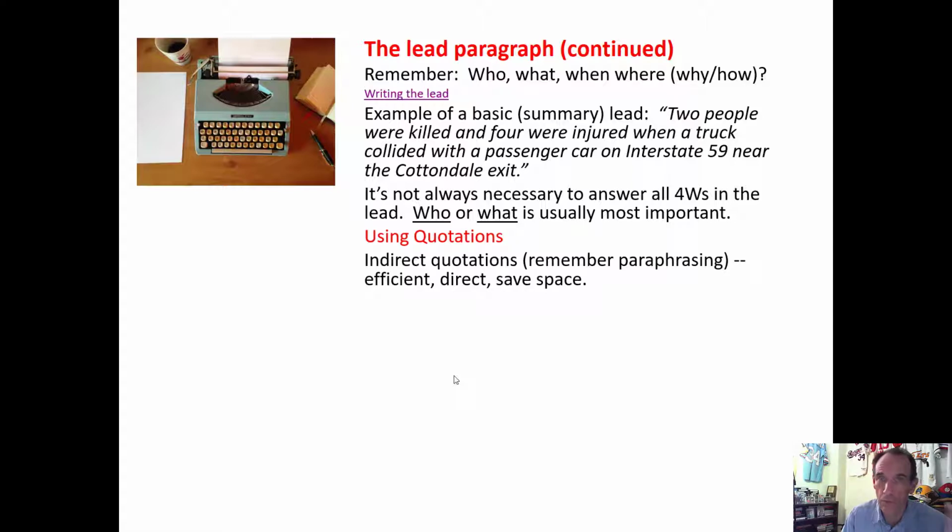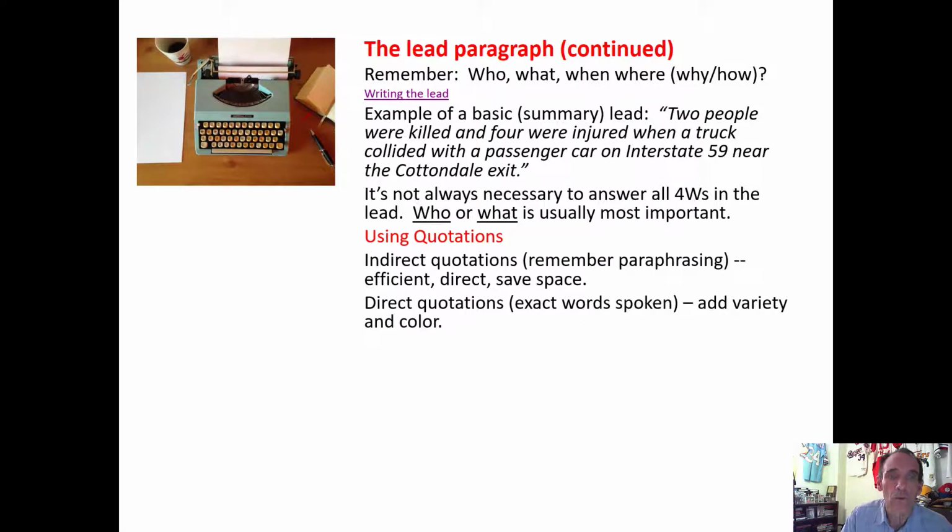And those, more often than not, who or what will be at the very beginning of the lead, the first thing that you write. Using quotations, there are indirect quotations. I believe we've talked about paraphrasing. This is efficient, it is direct, it saves space, so it's important to be able to paraphrase.